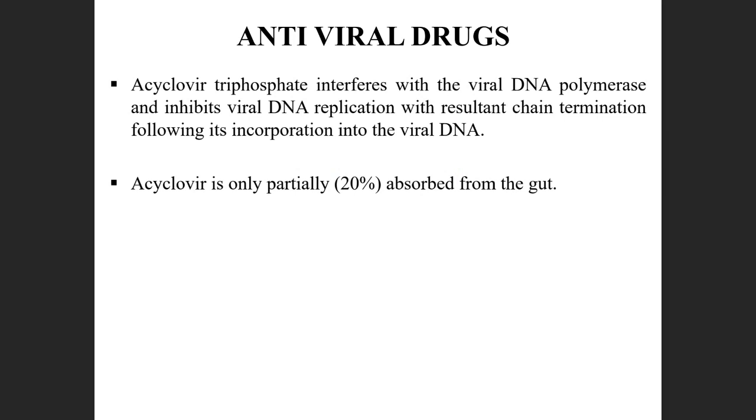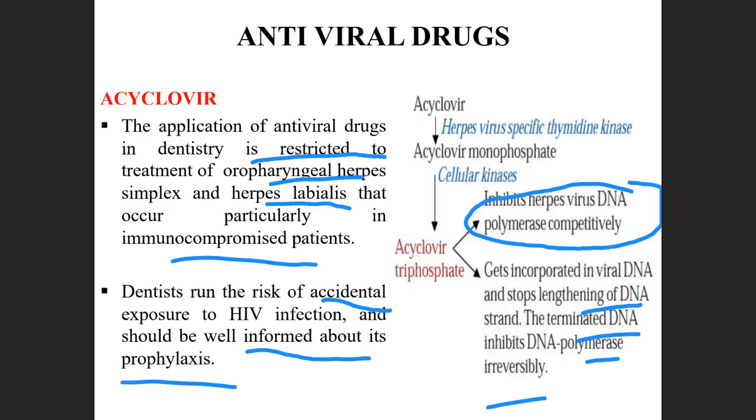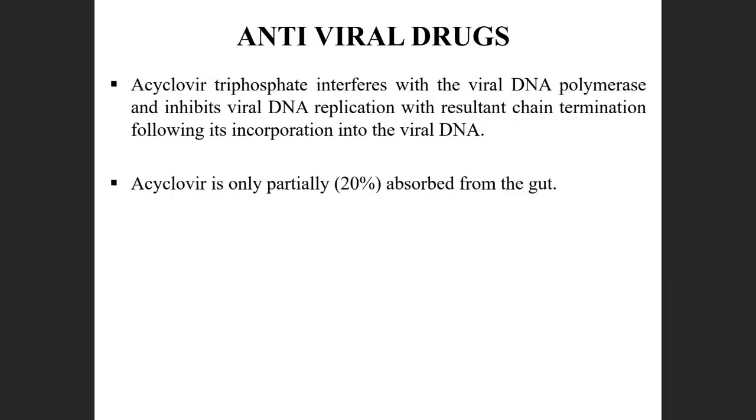Acyclovir triphosphate interferes with the DNA polymerase that inhibits DNA replication. What we have seen in the figure is that it binds the DNA lengthening polymerase competitively and stops the lengthening. What do we mean by lengthening? If the DNA is shorter, it gets lengthened before it divides, meaning multiplication.